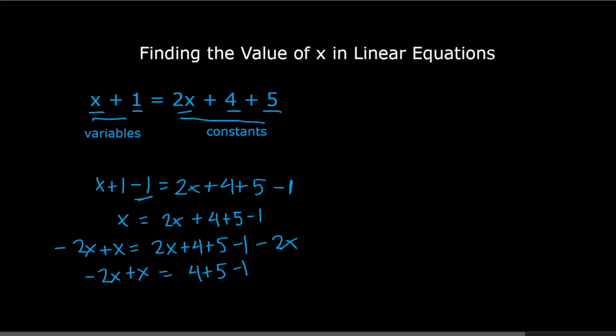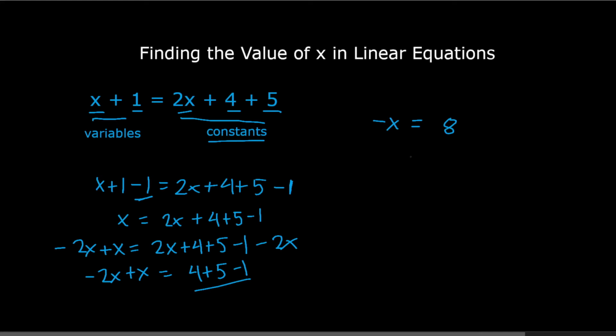Ayan, so kung mapapansin nyo, dito sa left side, puro na lang siya yung mga term na may variables. While dito naman sa right side, yung mga terms ay puro na lang constants. So, nagawa natin yung gusto natin. So, with that, pwede na tayong mag-combine ng like terms. Note that ang pinapahanap sa atin is positive x.